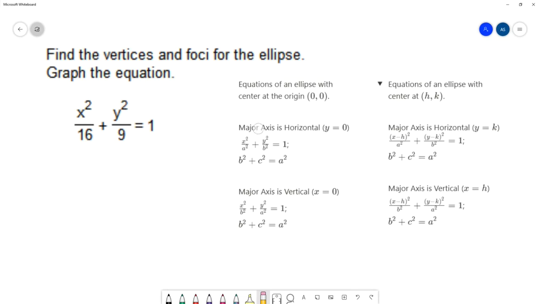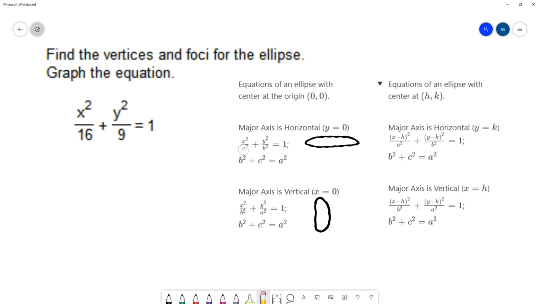We have two orientations that we're looking at in this class. One of them is a horizontal orientation, meaning that the ellipse is going to be longer horizontally, and a vertical orientation, which means it's going to be longer vertically. And as we look at these two equations, they look very similar to each other.